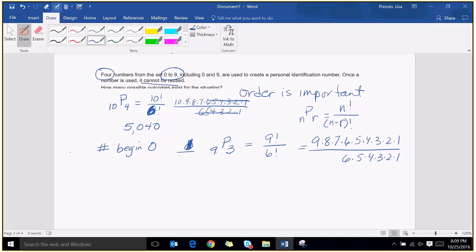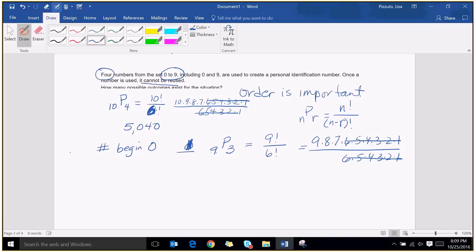So this all cancels. And canceling is just to make the equation easier to solve. It's mathematically correct. 3024. So you took 9 times 8 times 7 and got 3,000?